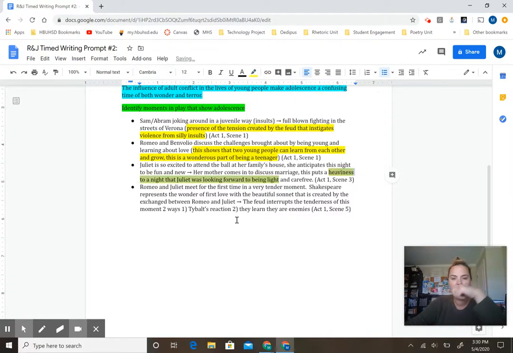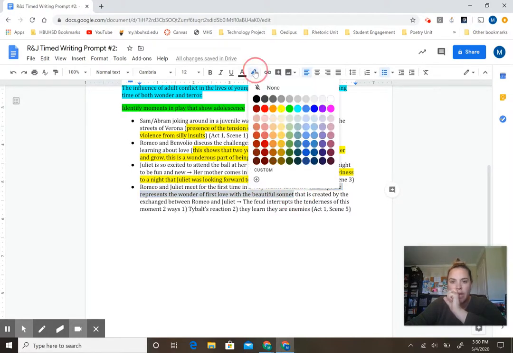And then this is analysis when I'm analyzing the moment. I'm arguing that it's a tender moment, and then I'm arguing that it's through structural devices and literary devices that tenderness is being created. So let's do the yellow here.